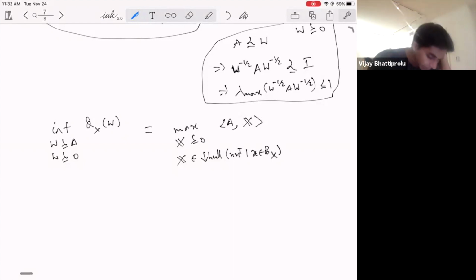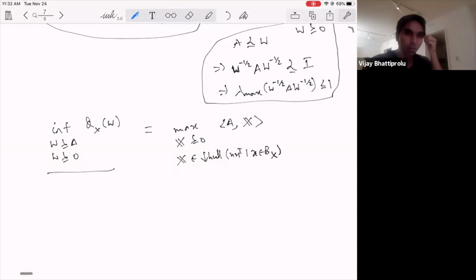One thing about interpreting the left-hand side: if W dominates A in the PSD ordering, it can be shown very easily just by staring at the definition that the quadratic maximum of W is at least the quadratic maximum of A.